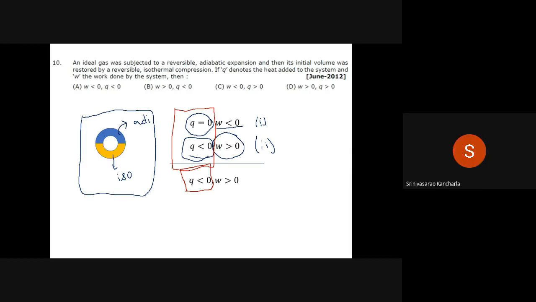One is work done less than 0 for the adiabatic process. In the isothermal process, work done is greater than 0. If you combine these two, what are all the possibilities? If the adiabatic work is more, then the resultant will be W less than 0. If equal work is done, then it will be 0. If the isothermal work is more, you will have W greater than 0.